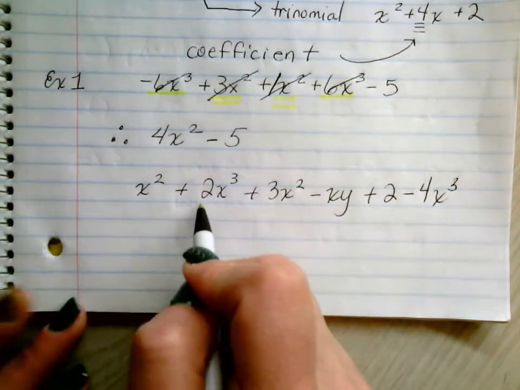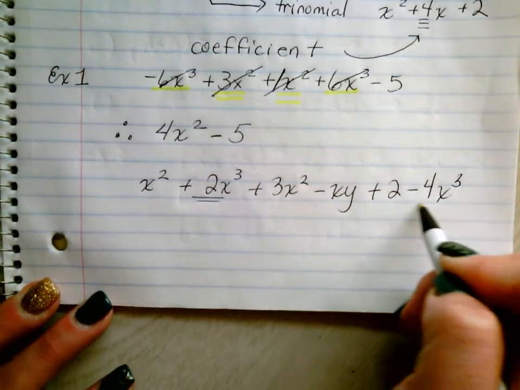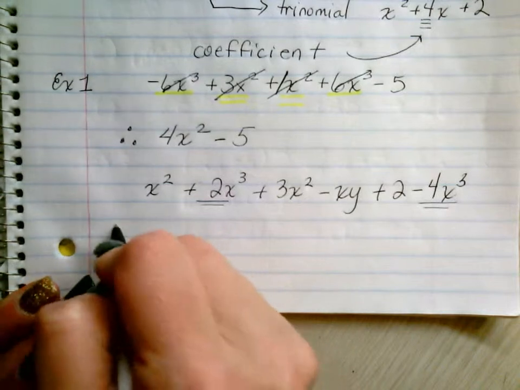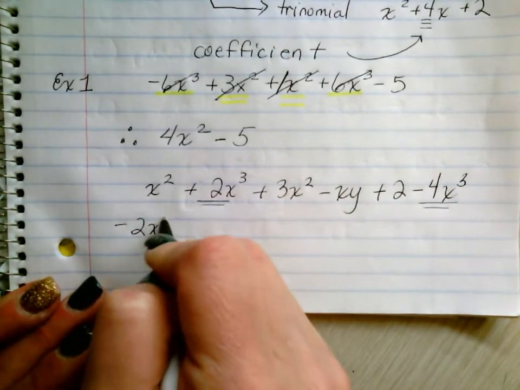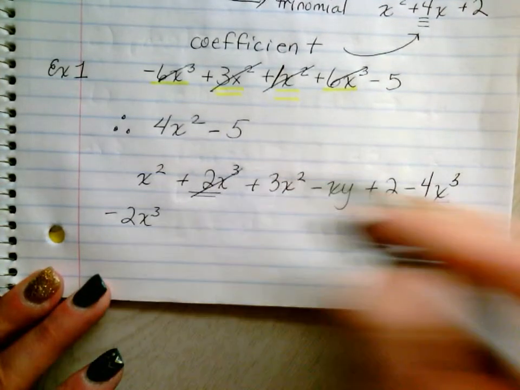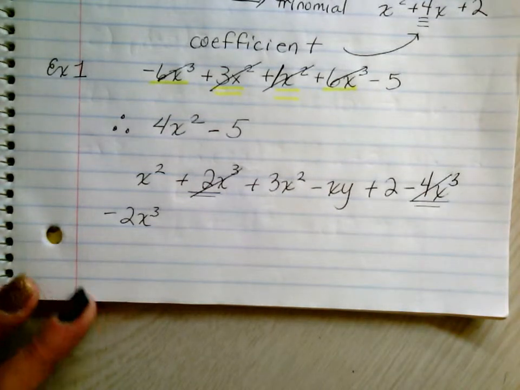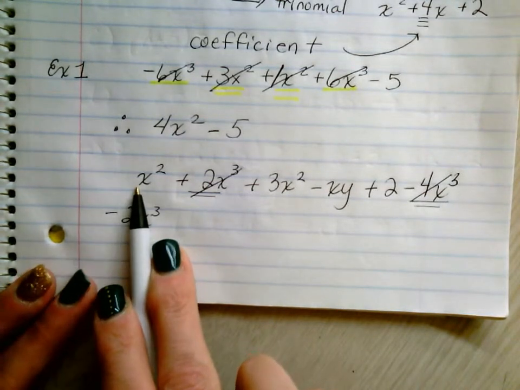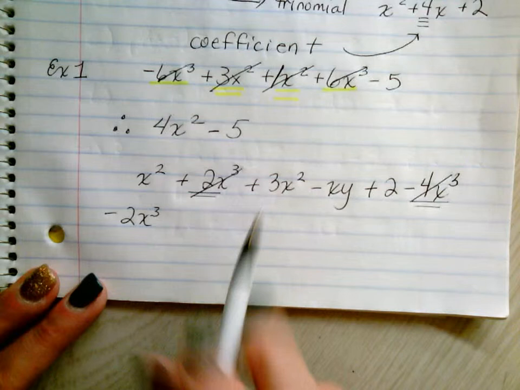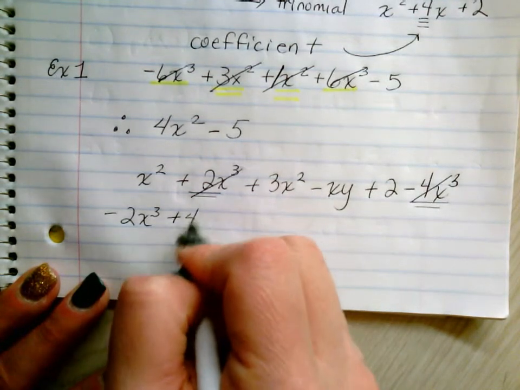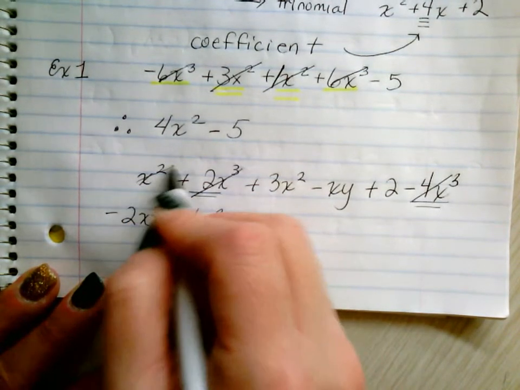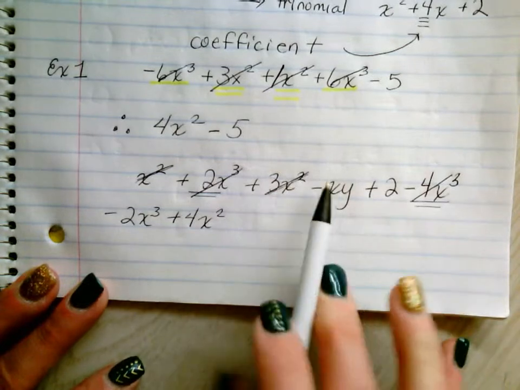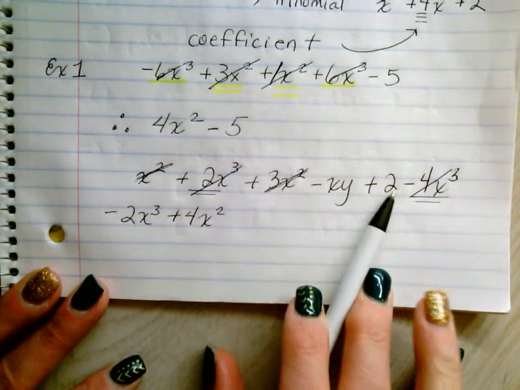So just for practice, positive 2, negative 4, looks like a negative 2x cubed there, okay? I hope you're copying this. A positive x squared and a positive 3x squared is a positive 4x squared. Negative xy has nothing to combine it with.